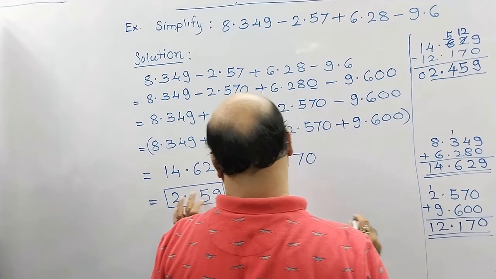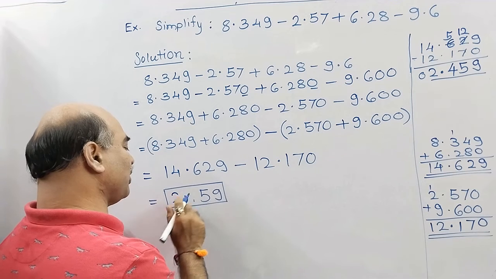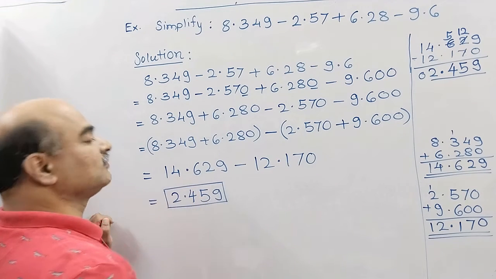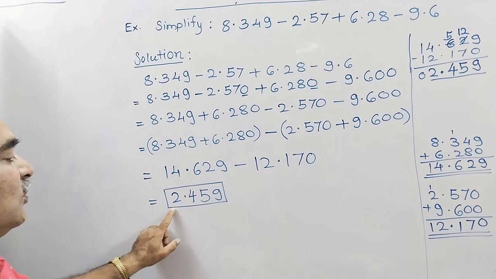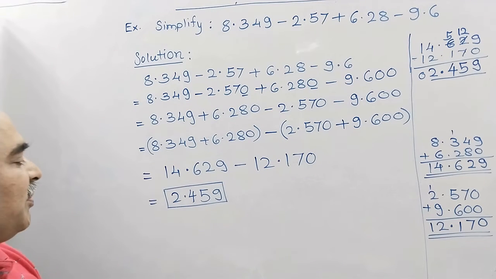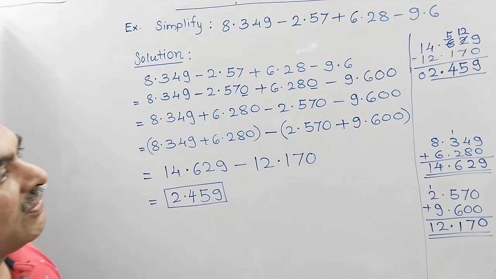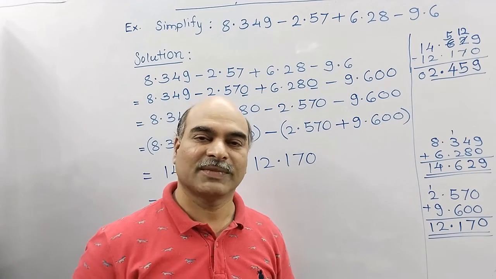So this would be our final answer: 2.459. Previously here we wrote down 1, but it is corrected now. 2.459. Okay, thank you.